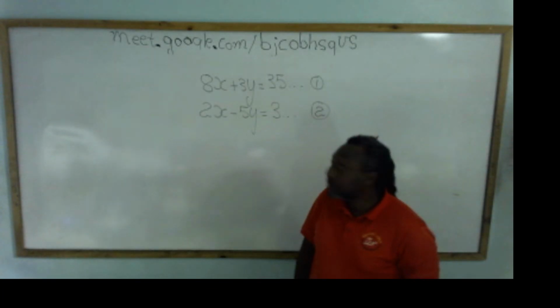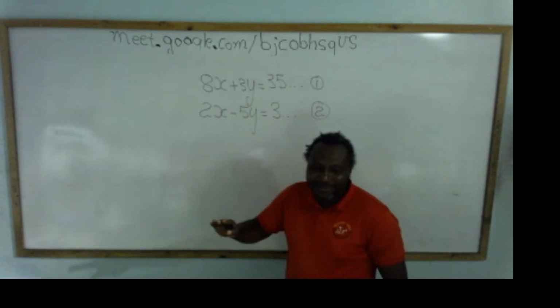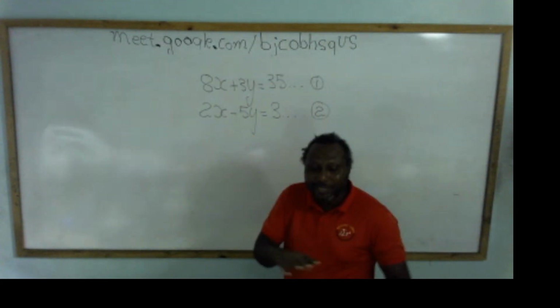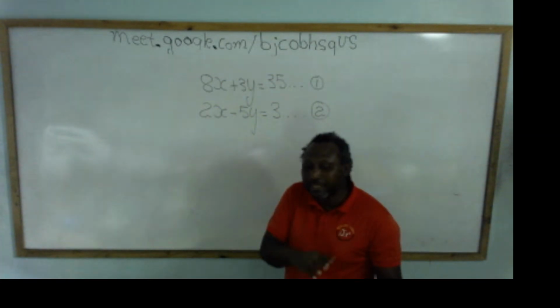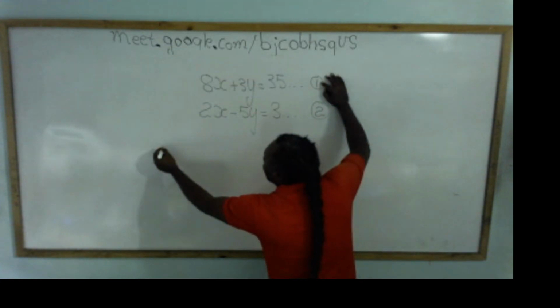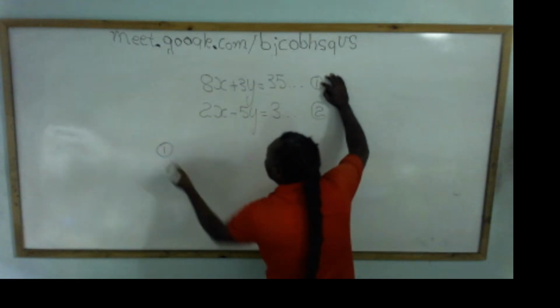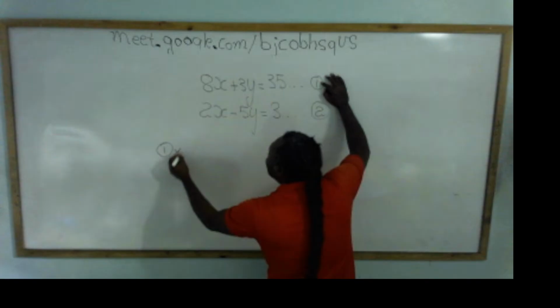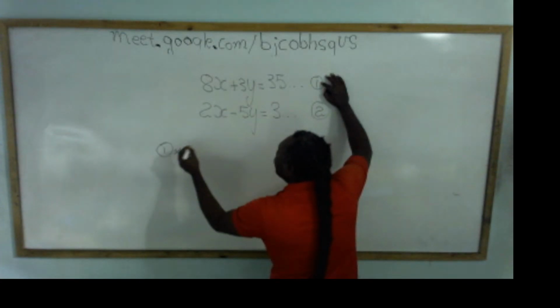So one quick method, now I'm not tying you down to a single method. One quick method that the teachers will use is that they take the equation at the top, which is equation 1, and they multiply it by the number that is down here, by 2.